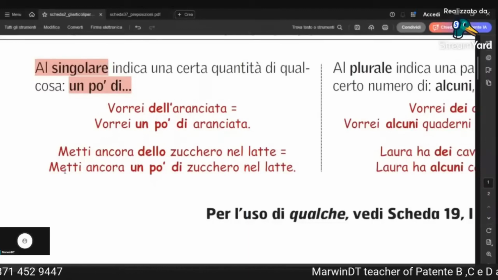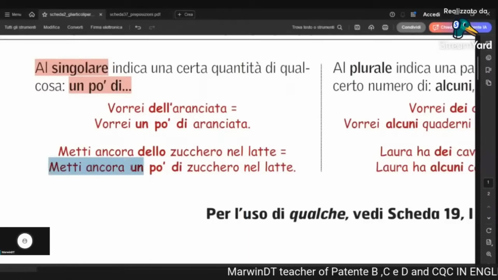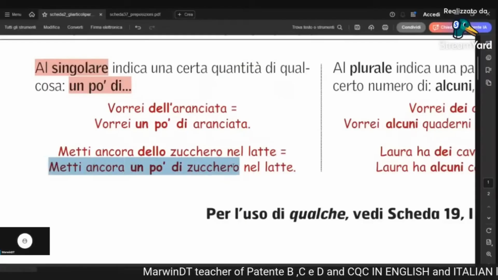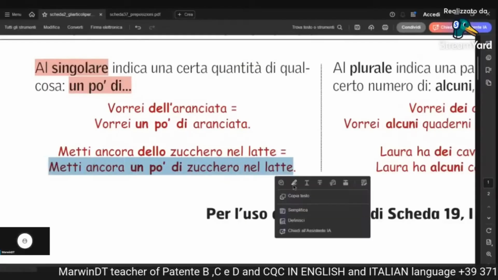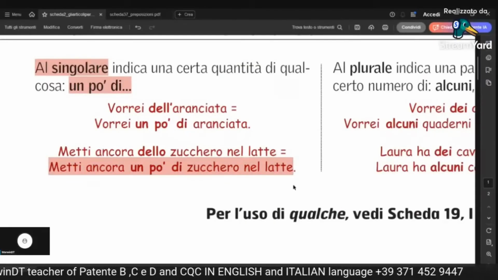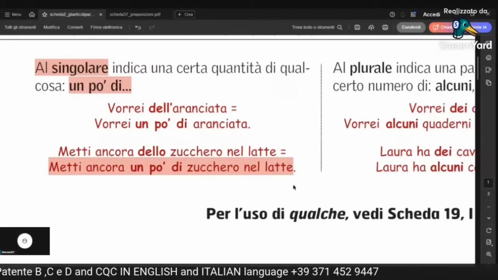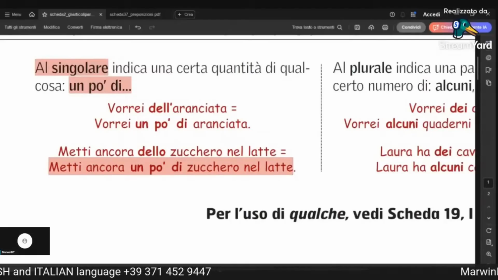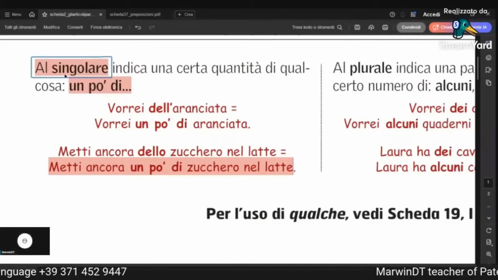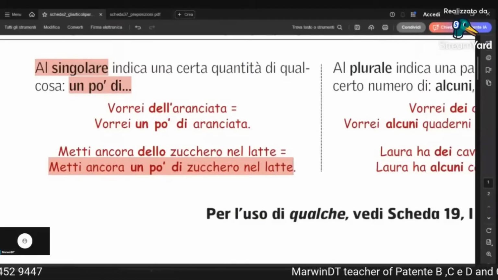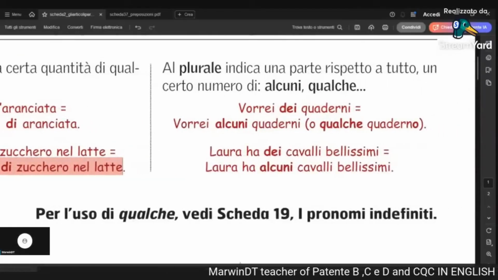Then the second one, metti un po' di zucchero nel latte, meaning put a little of sugar in the milk, but still we do not know the specific amount. Do not forget this is the singular. Let's go to the plural.